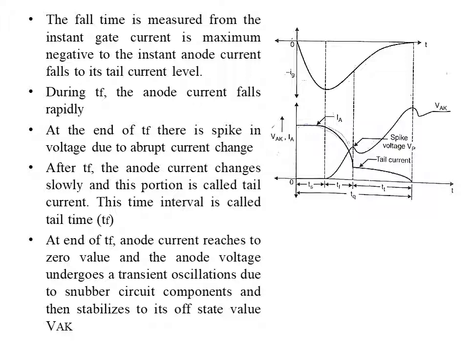And at the end of fall time, there is a spike in the voltage due to the abrupt current, and at the end the anode current reaches zero and the anode voltage goes through transient oscillation due to snubber circuit components and then stabilizes to its off state value called VAK. So this is about the switching characteristics of gate turn off thyristor.